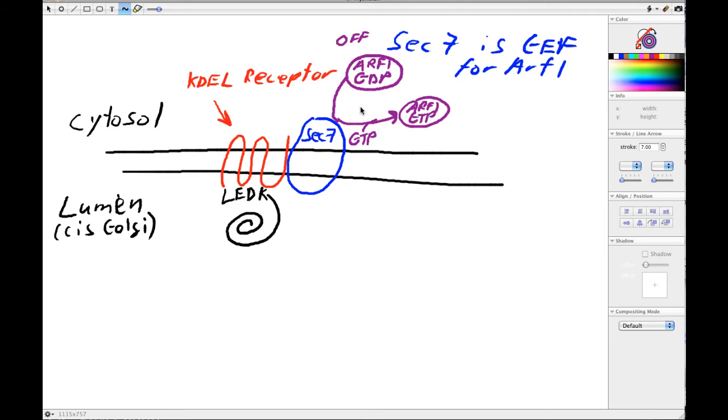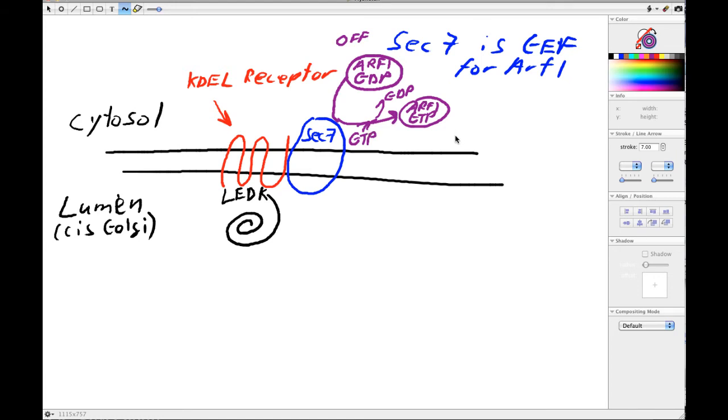So basically one nucleotide comes in, the other nucleotide goes out. We kick out the GDP and replace it with a fresh GTP, just the same way you'd load a gun. You fire all the bullets, and by firing, I mean hydrolyzing GTP, and in order to reload, you need to get rid of the old nucleotide and put in a fresh nucleotide that can be hydrolyzed.